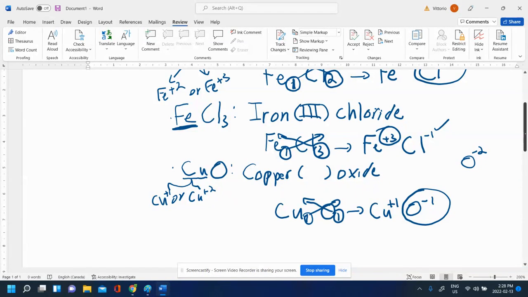So we need to do the opposite, which is undivide by 2. We multiply everything by 2 here, and we get Cu+2, O-2. Now the oxygen has the correct charge, and we're confident that we have copper 2, not copper 1.